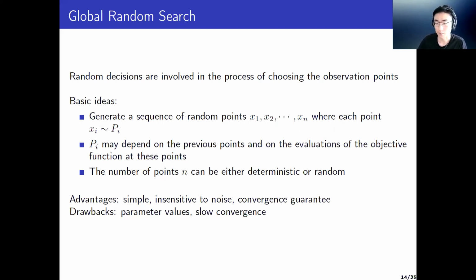And it is easy to construct algorithms that guarantee theoretical convergence. However, global random search algorithms have certain drawbacks. The efficiency of the algorithms often depends on a number of parameters, and the analysis on good parameter values is lacking. Another serious drawback is slow convergence, and we will talk about it in detail in the next few slides.